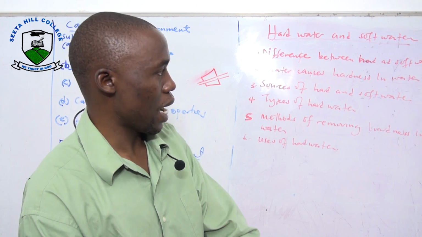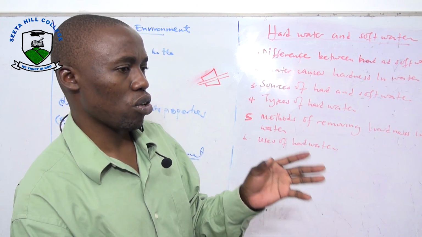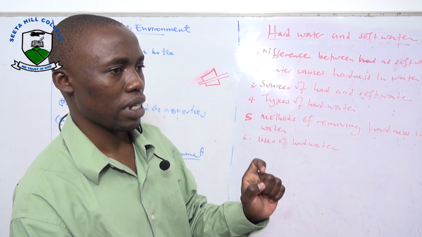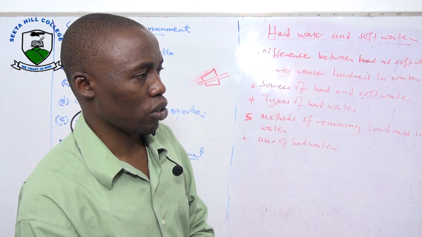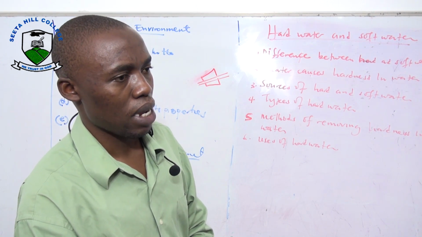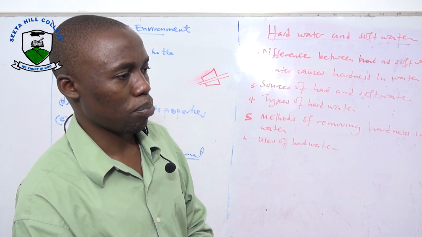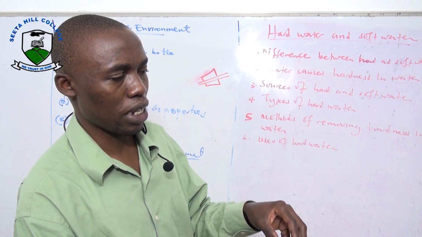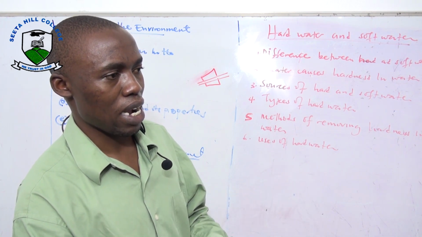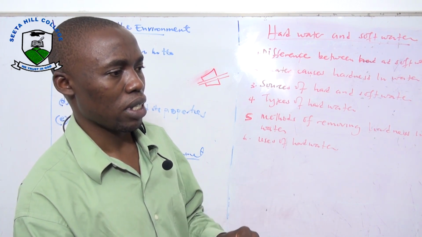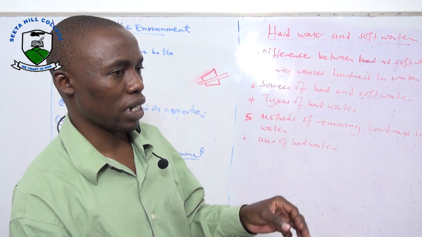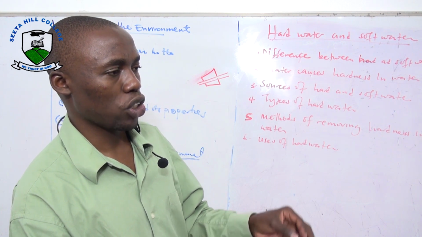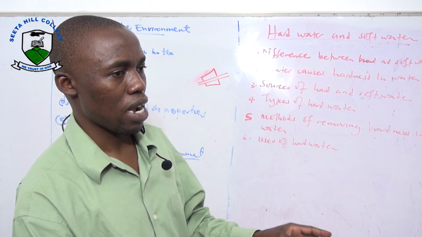Water is made hard by the presence of salts of certain elements, which are calcium or magnesium. The mineral salts of calcium and magnesium are responsible, like magnesium sulfate and calcium sulfate, or magnesium hydrogen carbonate and calcium hydrogen carbonate. Those special salts make water hard.